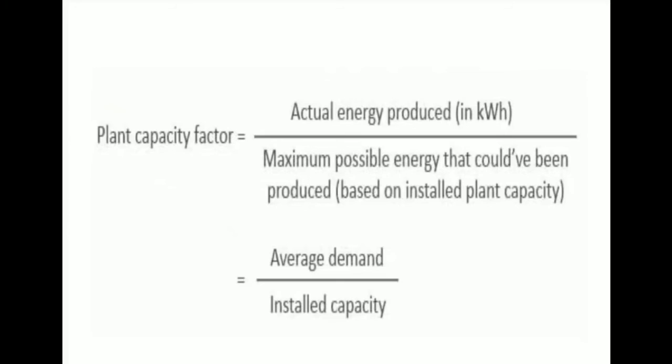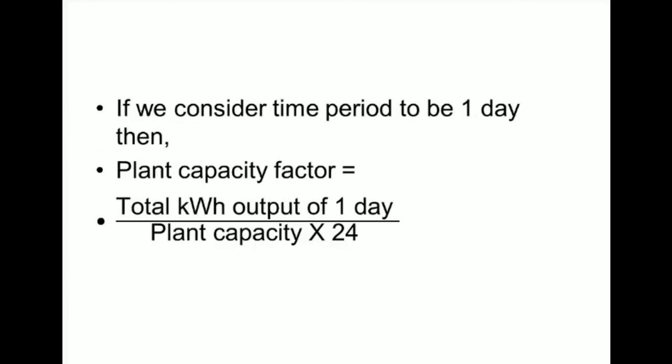So it is equal to average demand divided by installed capacity. If we consider the time period to be 1 day, the plant capacity factor is equal to total kilowatt hour output of 1 day divided by plant capacity into 24 hours.